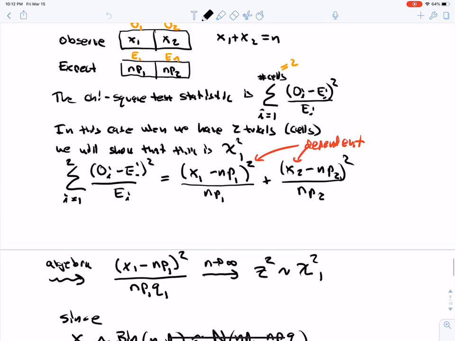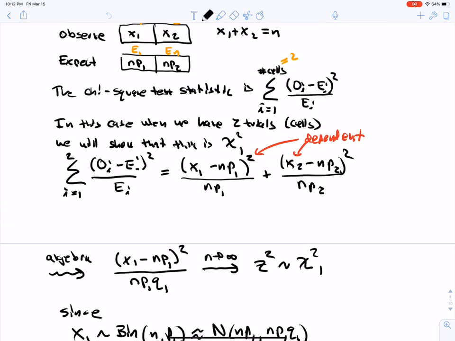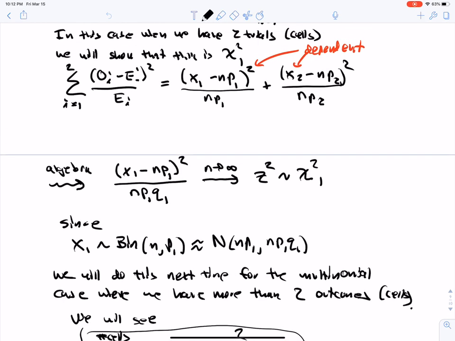If you do some algebra, you can actually see that you can rewrite this as (x1 minus np1) squared over np1 q1. So we've gotten rid of the second term in the sum, and I've introduced a q1 in the denominator. And so this is pretty clearly Z squared as n goes to infinity, which is a chi-squared with 1 degree of freedom.